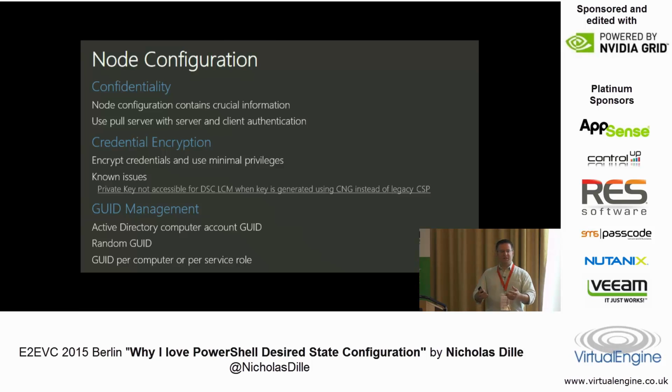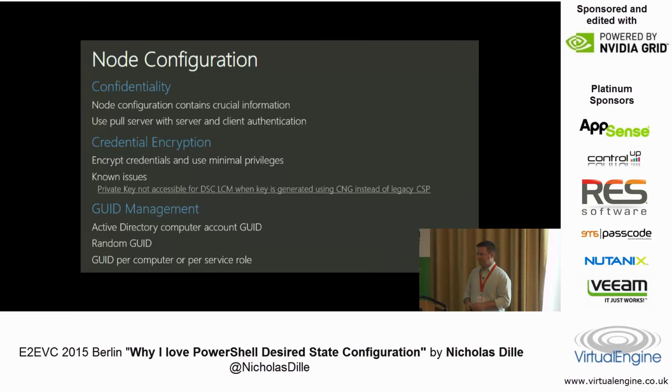If you want to start DSC at an earlier stage, like at a blank installation, you'll probably use random GUIDs and store them in some kind of database, text files, whatever. So that's a field where Microsoft does not provide a solution and leaves a lot of room for third-party vendors.